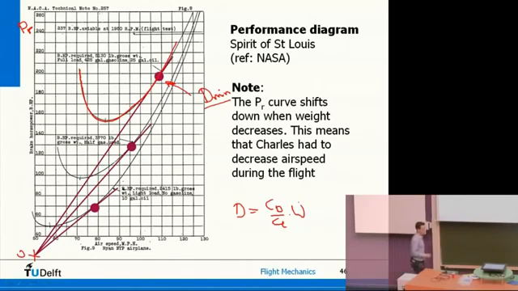How that exactly works, I'll tell you later. But this is basically the curve for a lower weight, which means that the minimum drag condition is actually at a little bit lower speed. So even though he was already flying for 30 hours, he had to decrease speed, and by the end he managed to reach the final destination, and he won the prize, and the rest of the story you know.